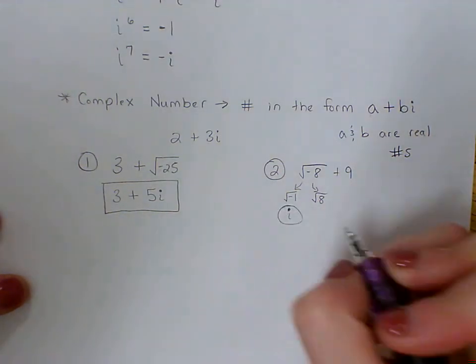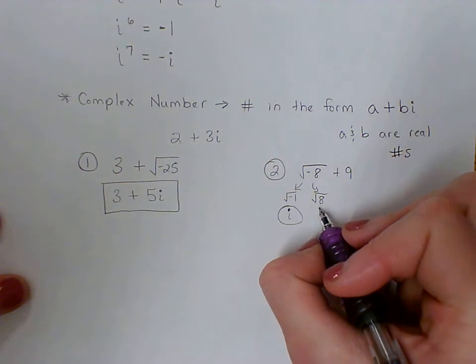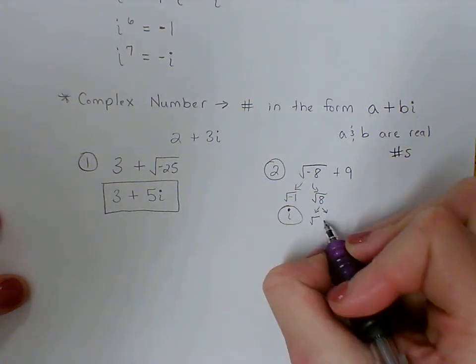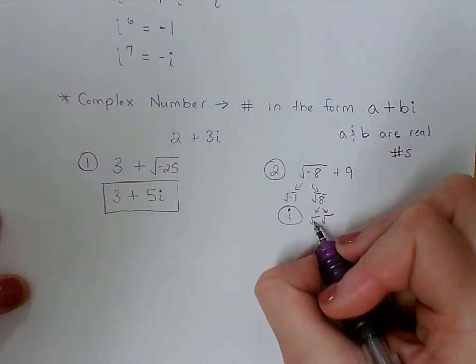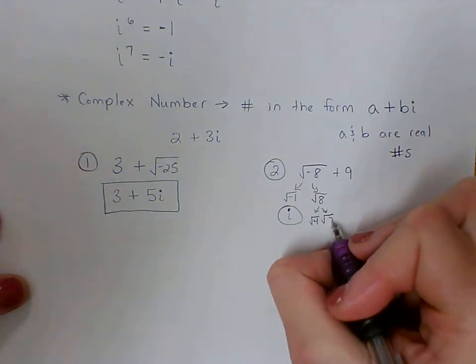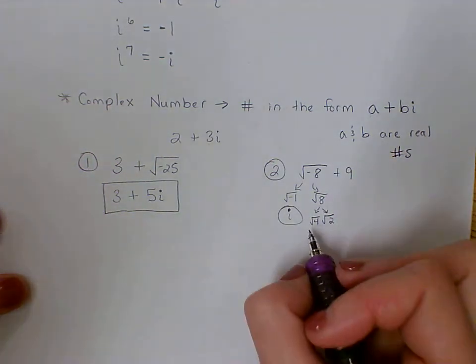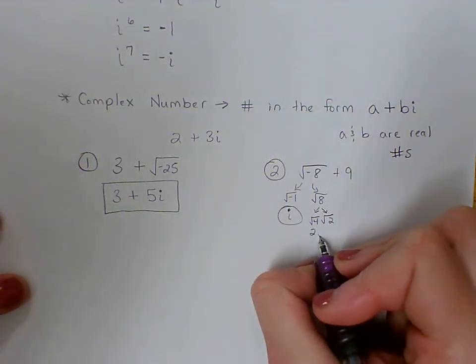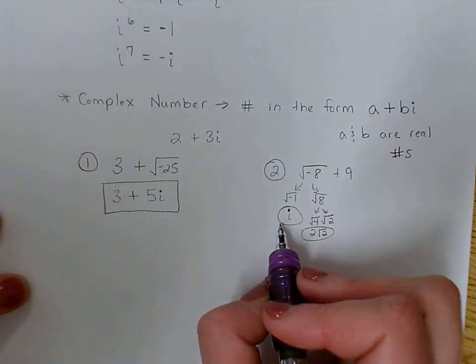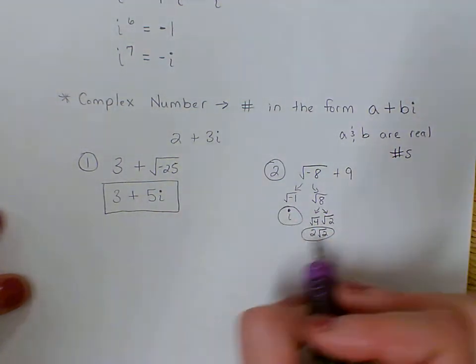So that's your imaginary number. And then the square root of 8 breaks down because that's not a perfect square. So what is the biggest perfect square that goes into it? Well, it'd be 4. And then 4 times what gives you 8? It'd be 2. Okay, so that would end up being 2, and then your square root 2 comes down. So that is the part that's going to be part of the imaginary part.